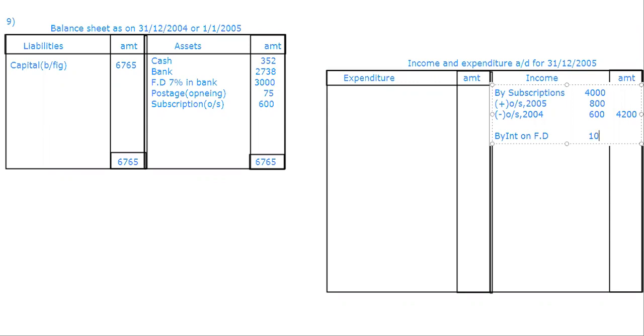He gave 105, right? But here we have one more adjustment, outstanding interest. Interest on fixed deposits up to 30th June 2005 it seems.